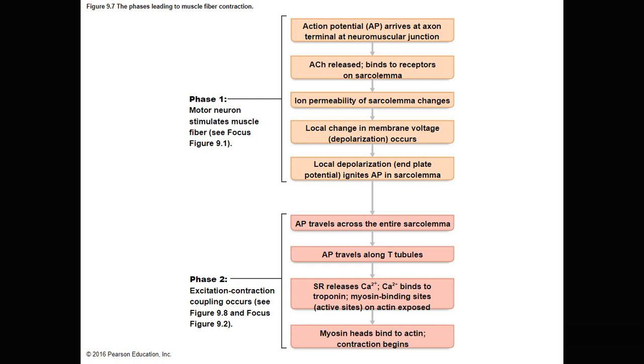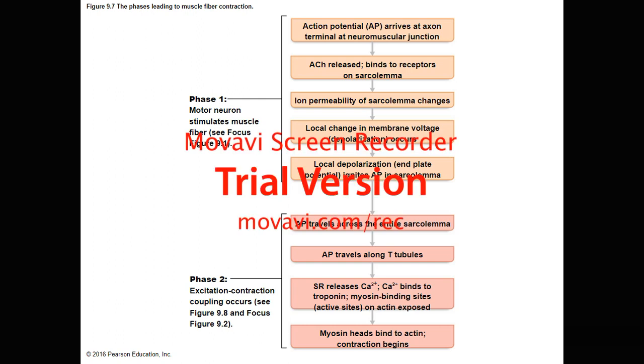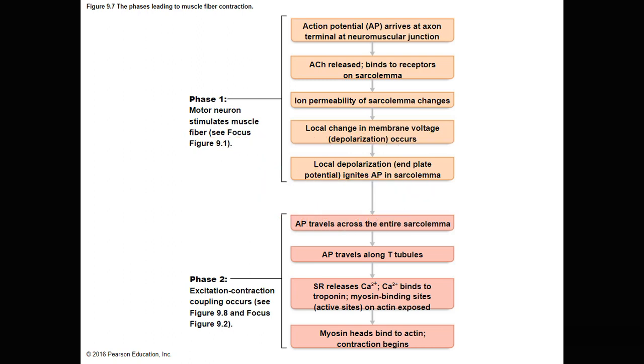When you get this depolarization, this voltage change allows the sodium ion channels to open, and sodium wants to rush in, one, because it's negative on the inside, and also because sodium is more concentrated on the outside of the cell than on the inside.